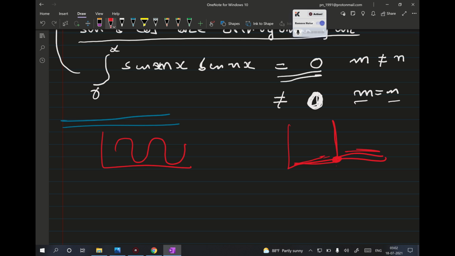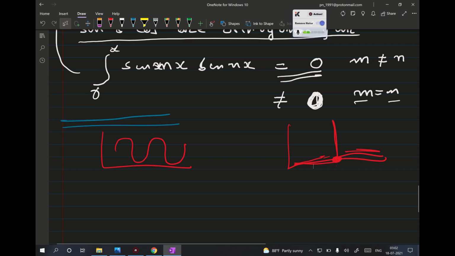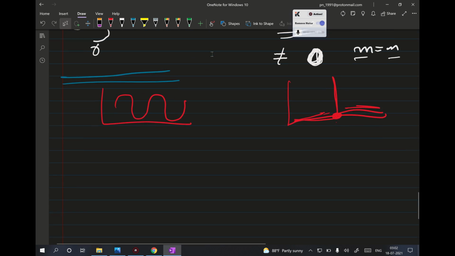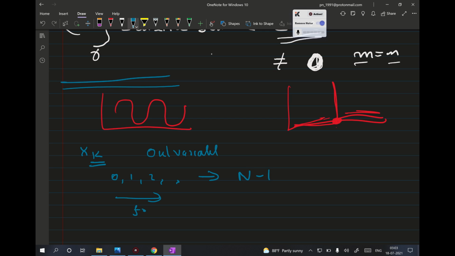So this is because of the orthogonality condition. What is happening is, when we are iterating over the k variable, which is the output variable, as k goes from 0, 1, 2, 3 till capital N minus 1, the frequency content goes on increasing.